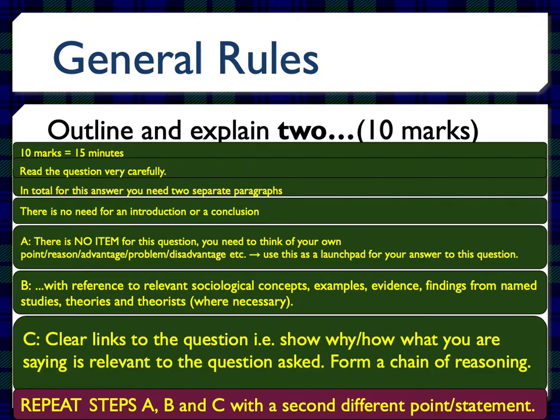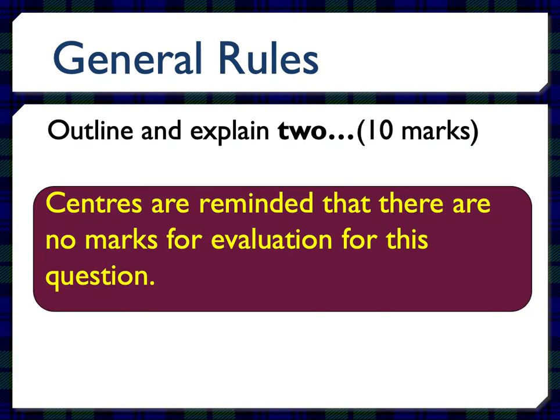If you wanted to break the timing down even further, then your 15 minutes for 2 paragraphs becomes 7.5 minutes for each one. As a final general rule then, and I've taken this quote directly from the examiner's report from AQA, centres, that is the colleges where you're taught your A-level in sociology, are reminded that there are no marks for evaluation for this question.